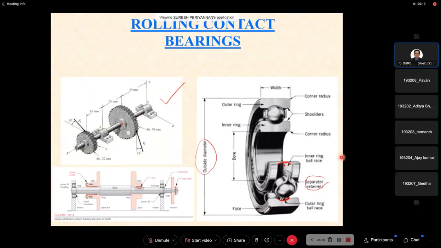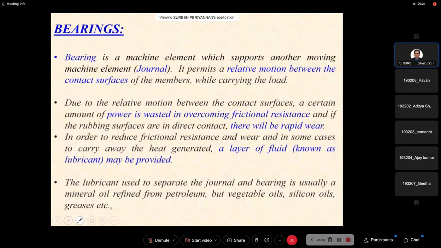We have discussed these things one by one already, including why we are using lubrication. The lubricant used to separate the journal and bearing is usually mineral oil or refined mineral oil from refined petroleum, but vegetable oils can also be used as a lubricant. Similarly, the same lubricants can be used in rolling contact bearings also. This is something we have already discussed.